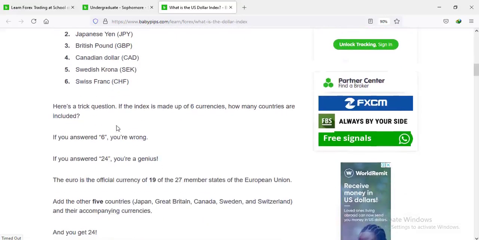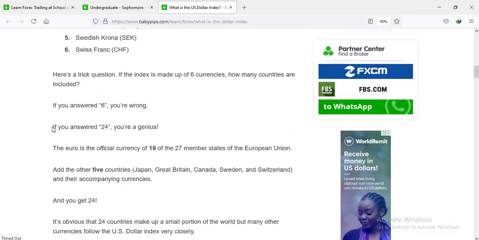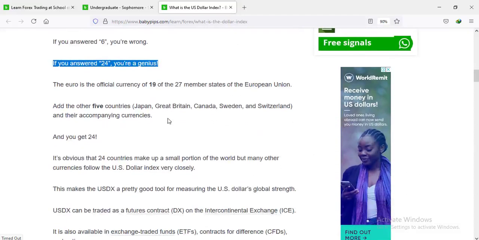We just saw 6 here, but if we break down the Euro alone, there are many countries inside the Eurozone. There are 19 countries in the Eurozone, and if you add 19 plus 5, that gives you 24.